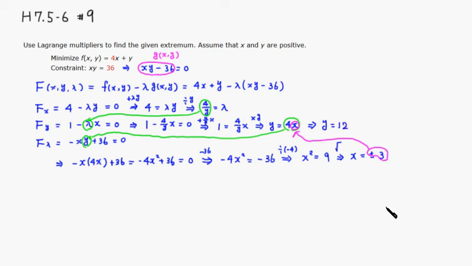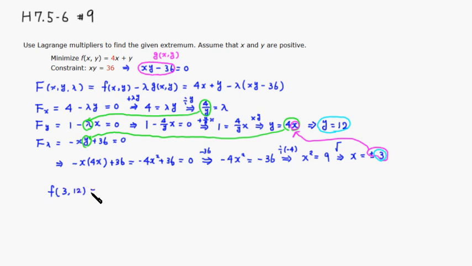So let's find the value. We plug in f of the x we just found, positive 3, and y, 12.